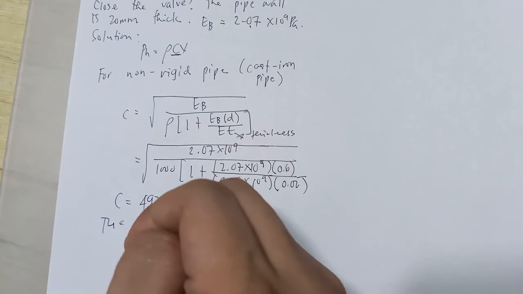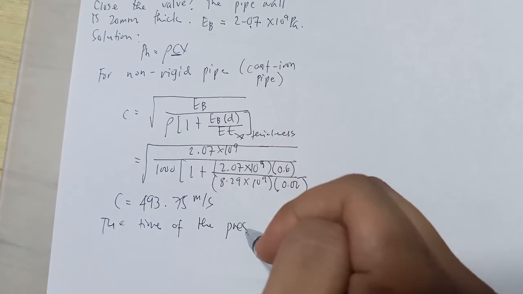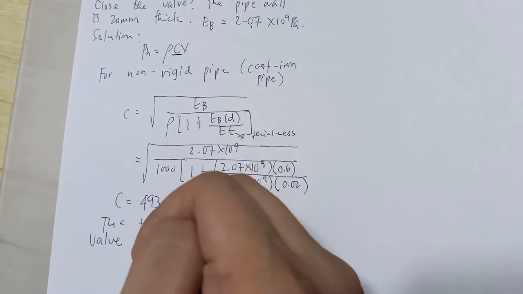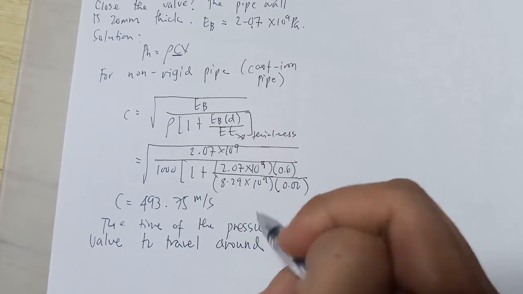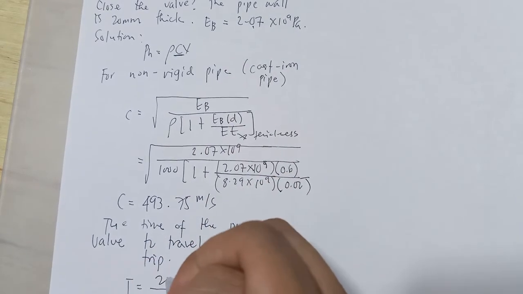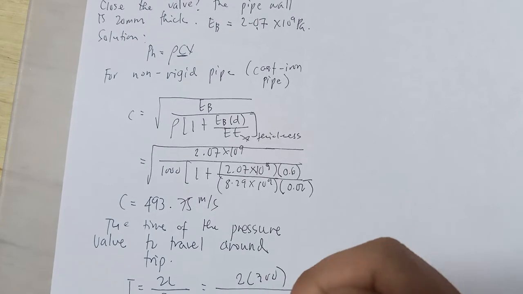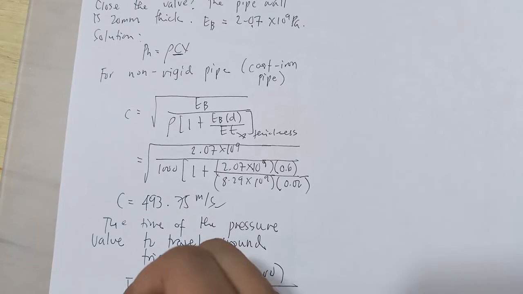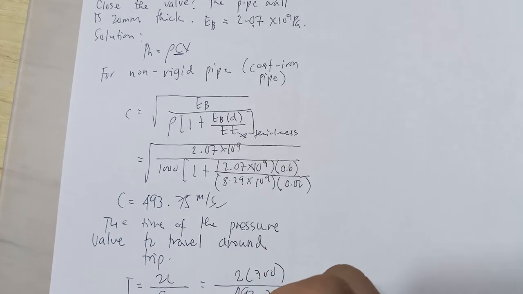So the time for the pressure wave to travel the round trip, T equals 2L over C. Again, L is 300, C is 493.75, which we have solved. So the time is 1.22 seconds.